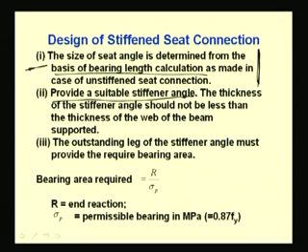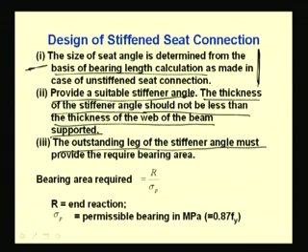The thickness of the stiffener angle should not be less than the thickness of the web of the beam supported, which has to be kept in mind. And the outstanding leg of the stiffener angle must provide the required bearing area.